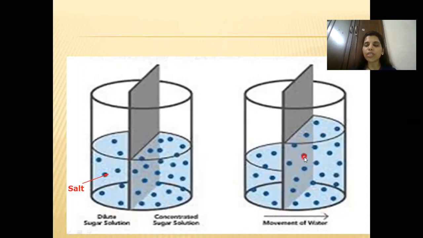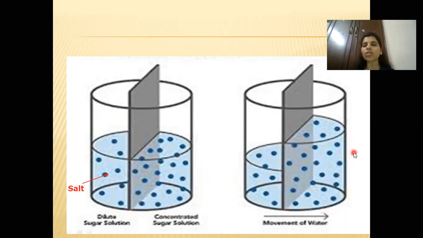So in this particular process there is a semi-permeable membrane. It is semi-permeable because it is not allowing the solute to move, but it is allowing the solvent, that is the water, to move from the lower concentration of the solute to the higher concentration of the solute, means from the higher concentration of water to the lower concentration of water.